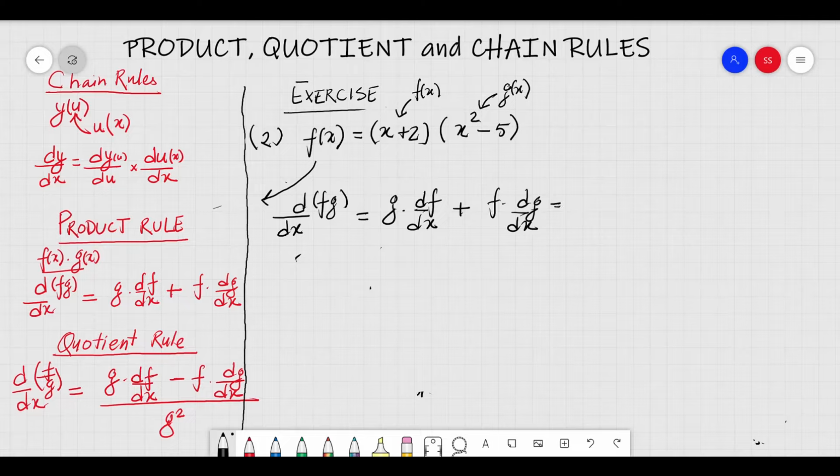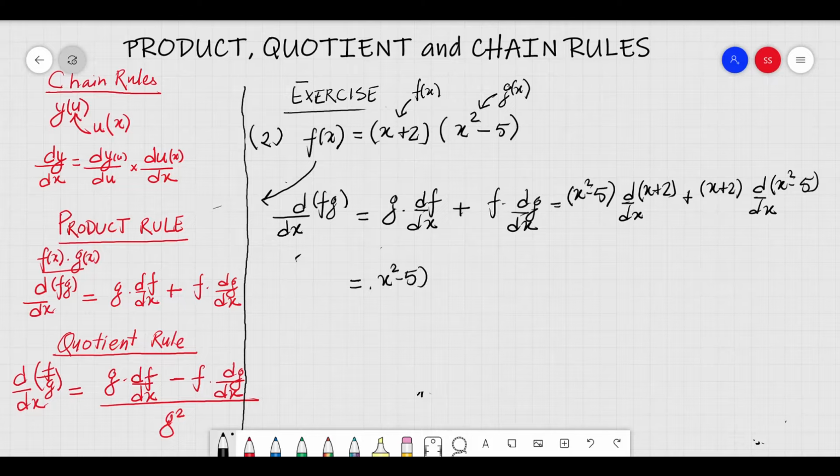So substituting the values of g and f, we have (x squared minus 5) times d(x plus 2) by dx, plus (x plus 2) times d(x squared minus 5) by dx.